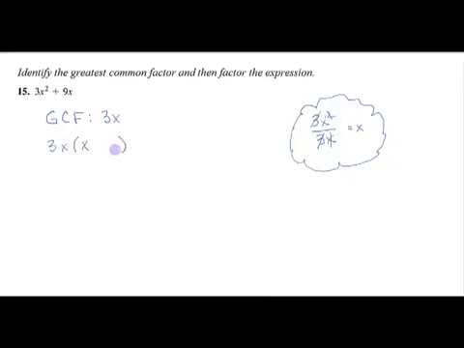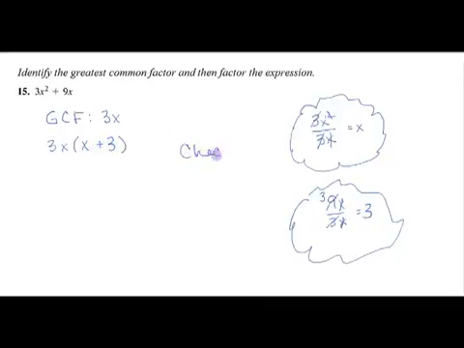What is our next term? 9x divided by 3x. So over here we're thinking 9x divided by 3x. 3 goes into 9 3 times, and the x completely cancels, so we have just a 3 here. And of course it's a positive 3.